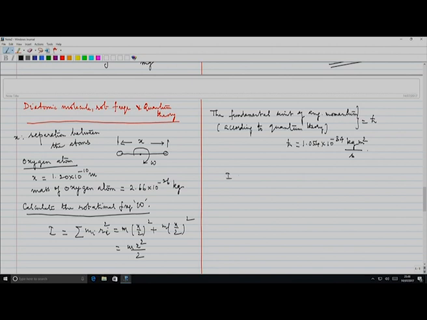Therefore, moment of inertia into omega, namely the rotational frequency, must be of the order of h cross.